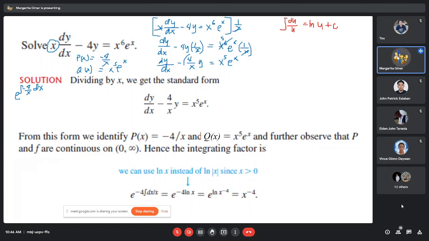But notice, your du is negative 4, your u is equals to x. So, your u here must match the one above. Okay? So, how do we do it?